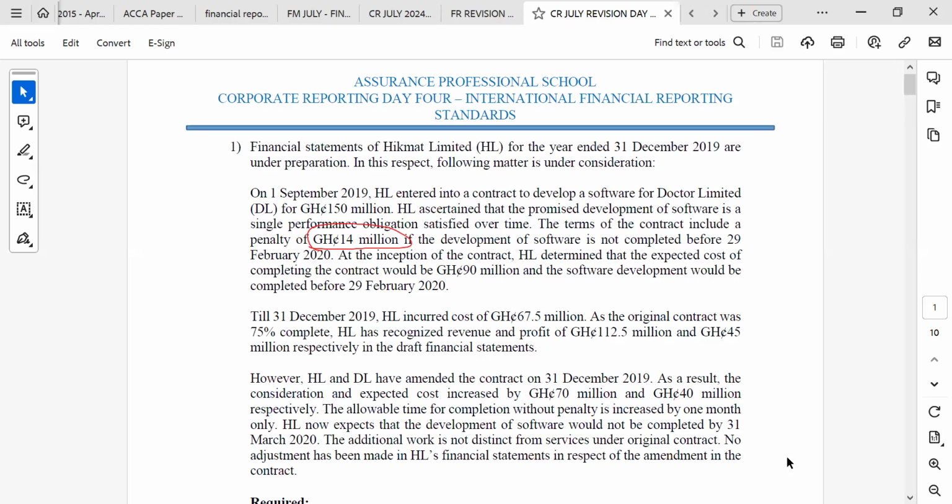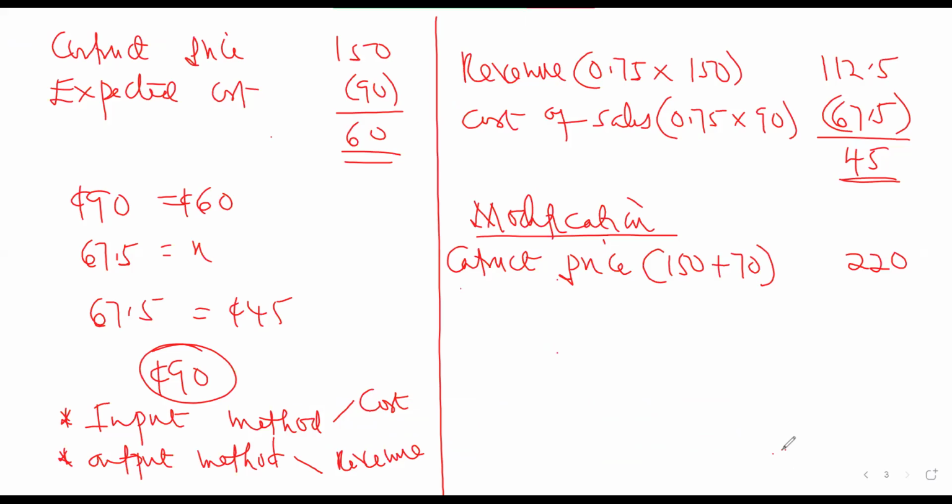So subtract the penalty from the contract price. So we bring the penalty here. Penalty from the contract price, that will be 14. What will be the actual contract price? $206. Okay.